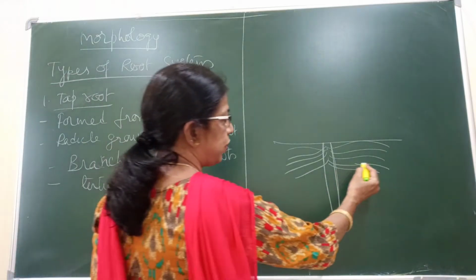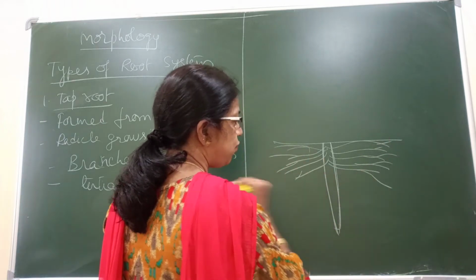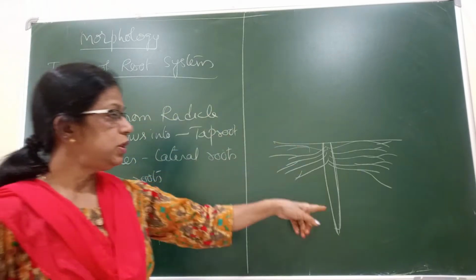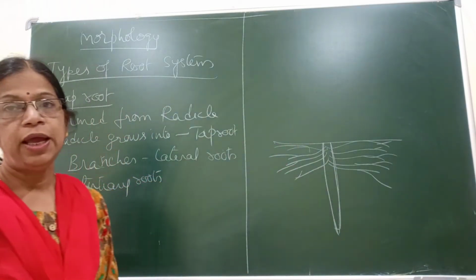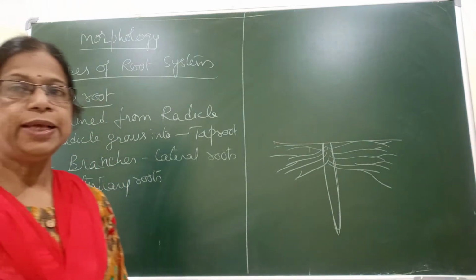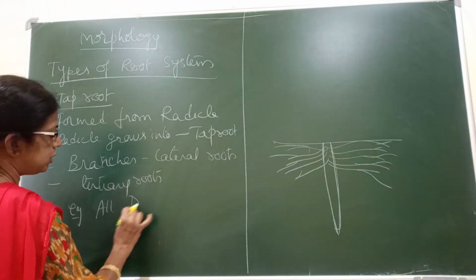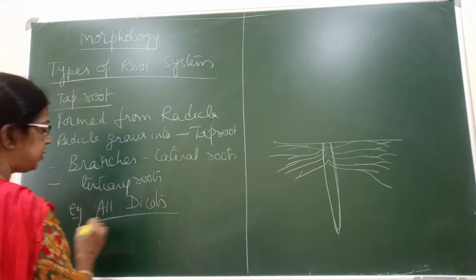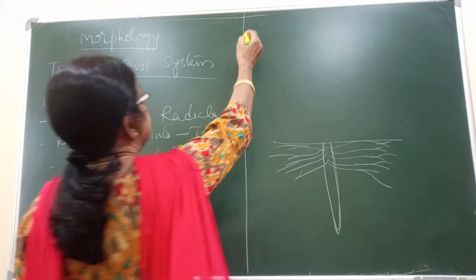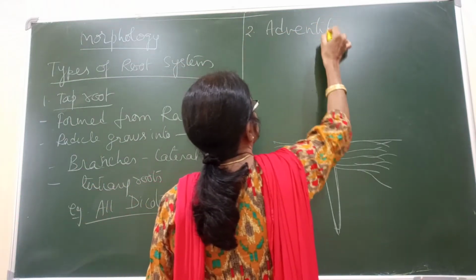So here there are three types of roots formed: primary root, secondary root and tertiary root. And all together it forms the taproot system. Example of taproot system: all dicots show taproot system.